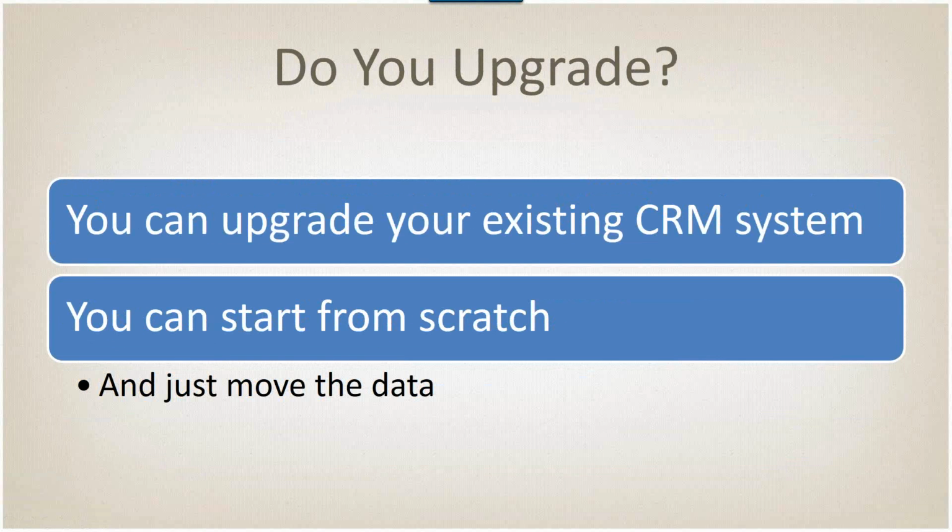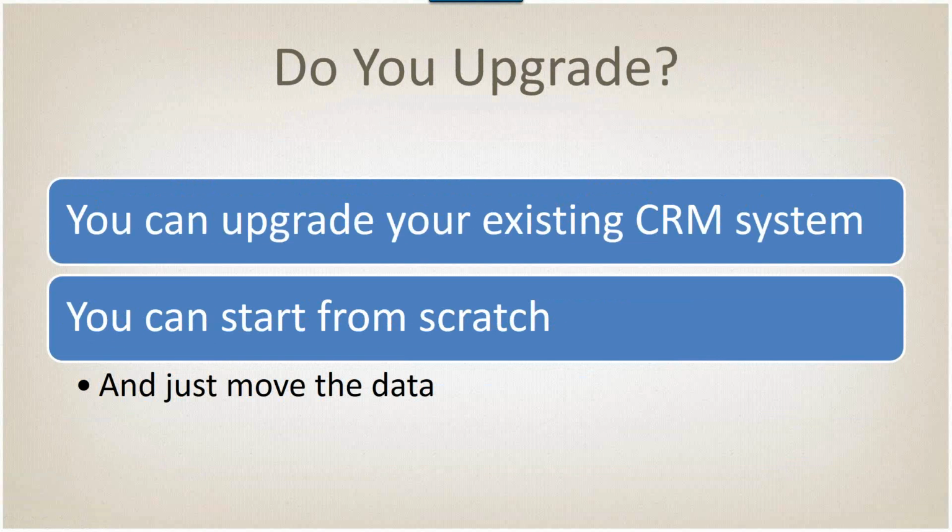And that could be not only the data, but all the stuff that you did to make the data work. So you have JavaScript, you have plugins, you have integration with legacy databases, you have all these things. So the big question is, do I really need this stuff in my CRM system, or do I just start from scratch? So this comes up more often than not.